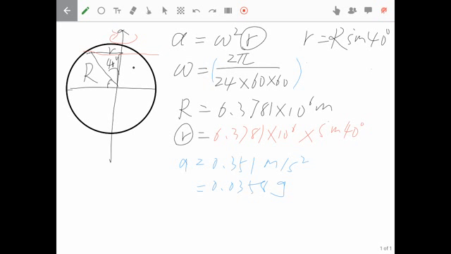Okay, so what angle to the true vertical would a mass hanging at the end of the string make?